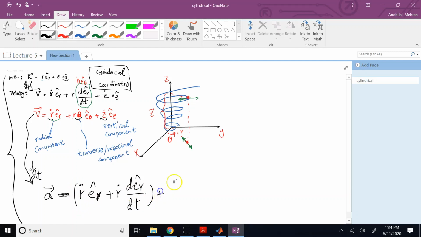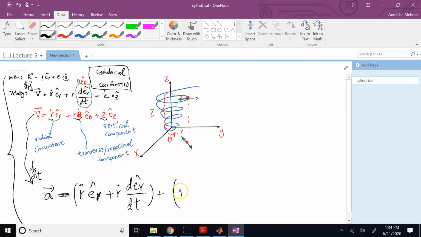Now plus. Now the second term here has three individual components, r, theta dot, and e theta. And all three of them can change versus time. So we have to use the product rule for three terms now.